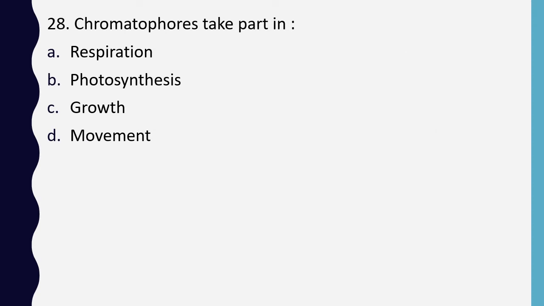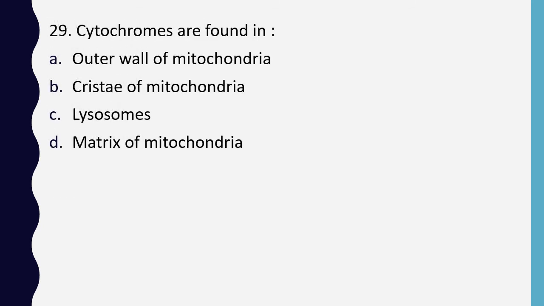Question number 28. Chromatophores take part in respiration, photosynthesis, growth, movement. Chromatophores take part in. The correct answer is option B, that is photosynthesis. Question number 29. Cytochromes are found in outer wall of mitochondria, cristae of mitochondria, lysosomes, matrix of mitochondria.